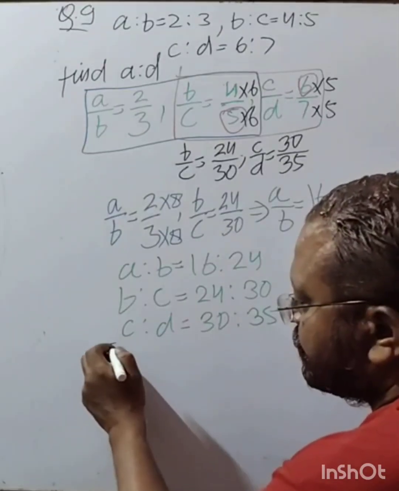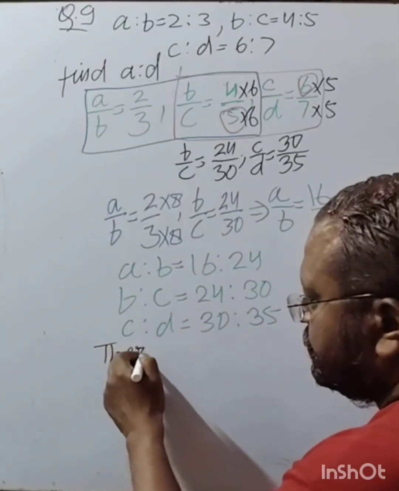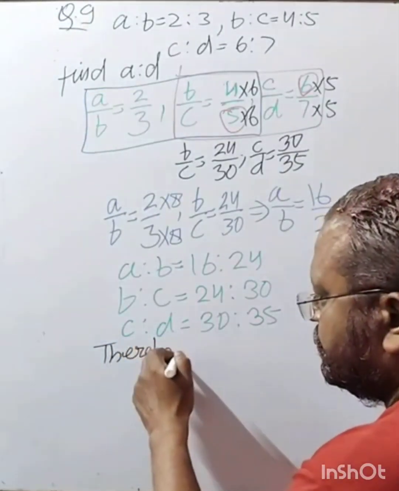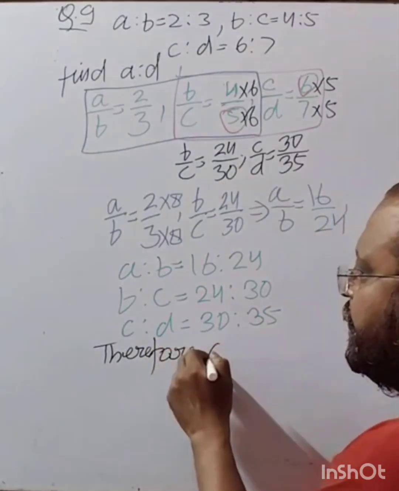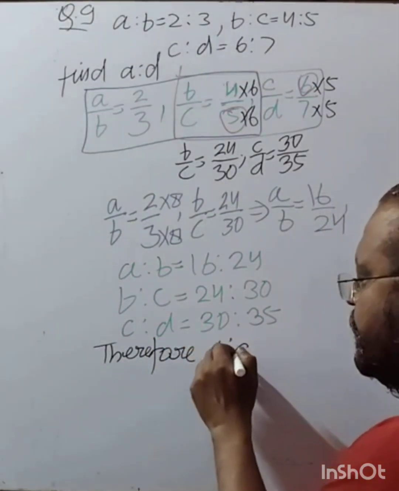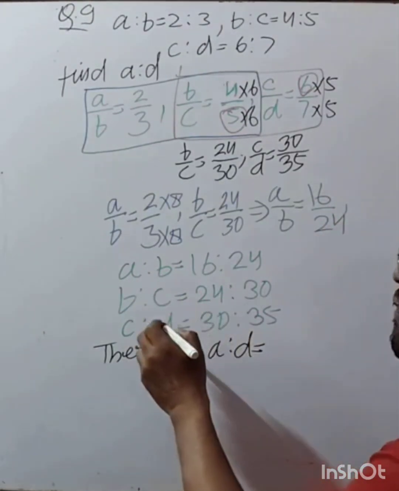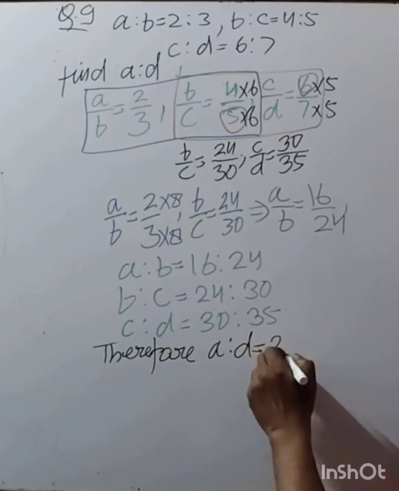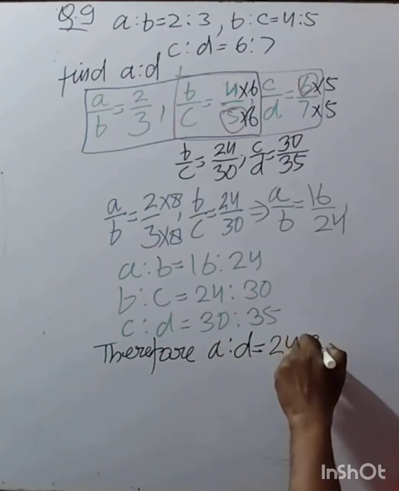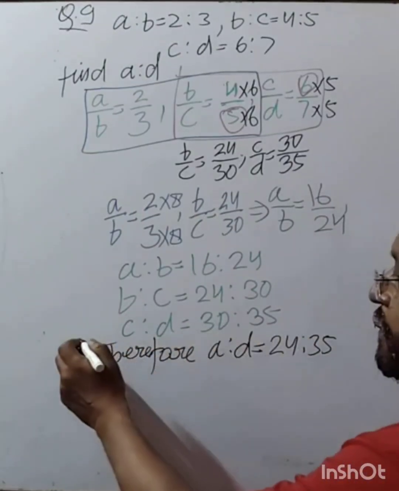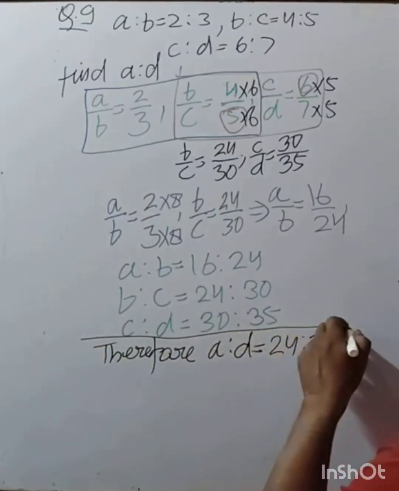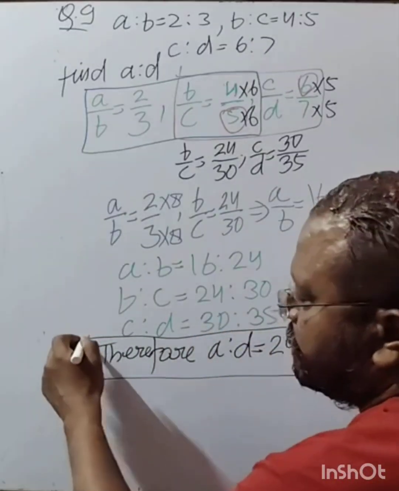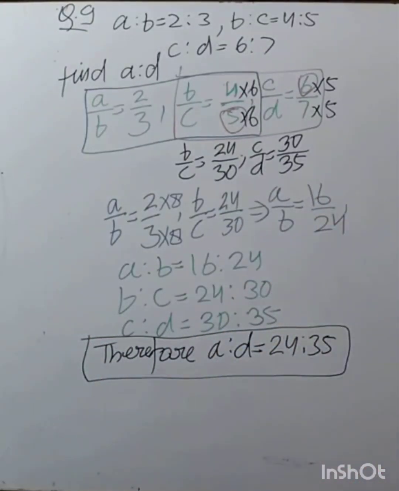Therefore A ratio D is equal to 24 ratio 35. You get this? This is your answer?